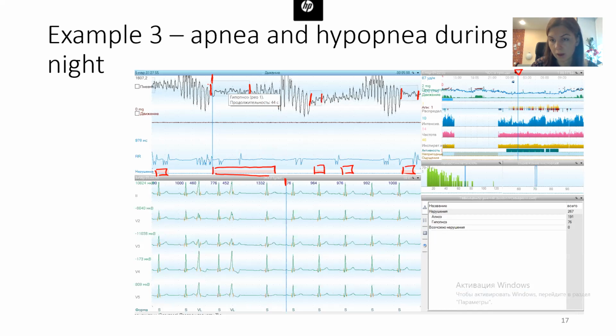In this plot you have the whole day. It starts from 2 p.m. and goes to, I think, 10 a.m. So you have the night period somewhere here, because this is sleeping time again.